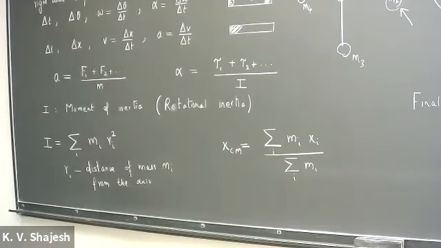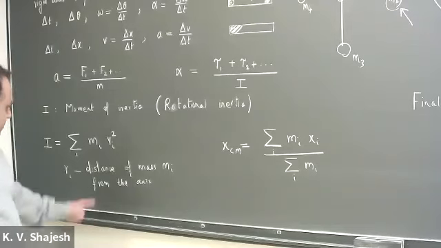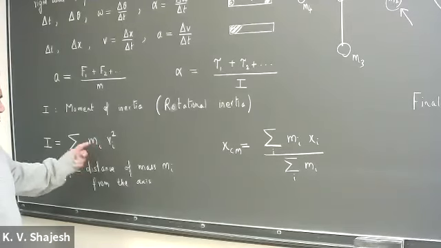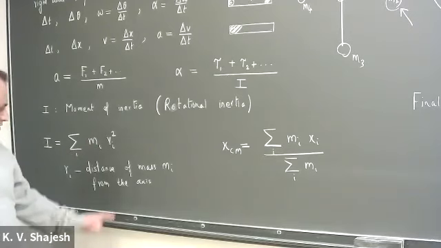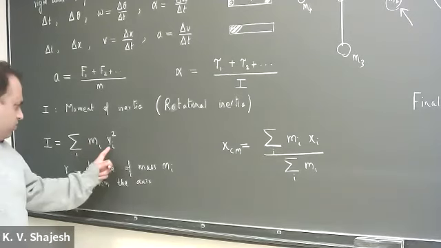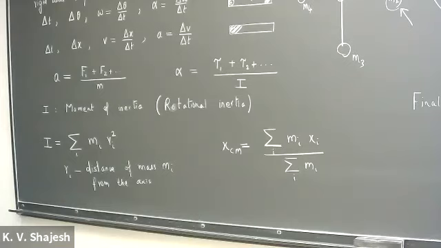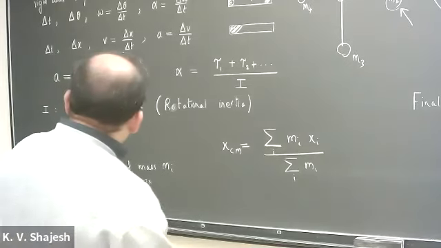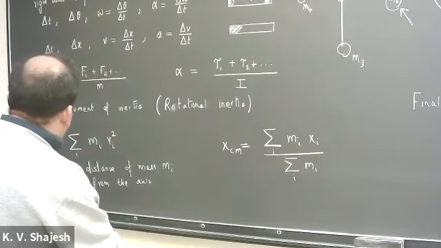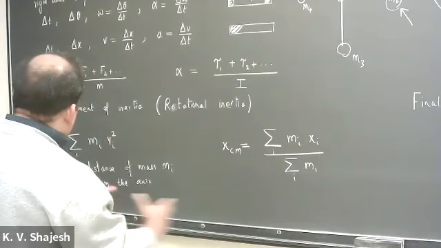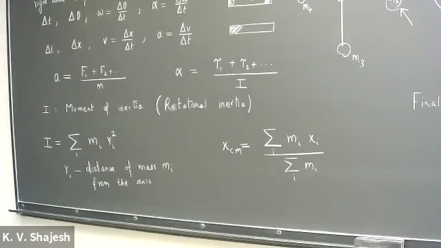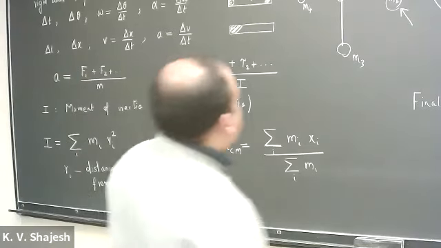If we are talking about rotation, there has to be an axis, and each mass has a distance. How far it is from the axis decides what your Ri is, and it is a perpendicular distance from the axis. So let's see how the distance from the axis actually resists motion. Let's do an example for that.